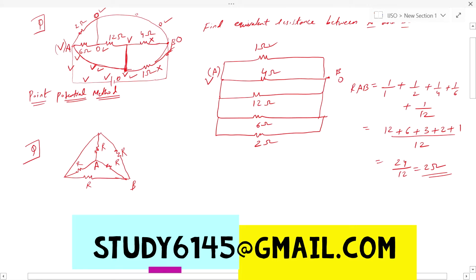I have taught you 2, 3 methods. First is this point potential, then Wheatstone: when there are 5 or 6 resistors, you can also do it by Wheatstone bridge. Then I taught you the folding method, symmetry, and parallel and perpendicular symmetry. These are all the methods of solving complex circuits.